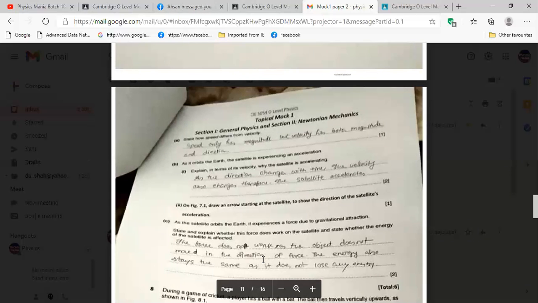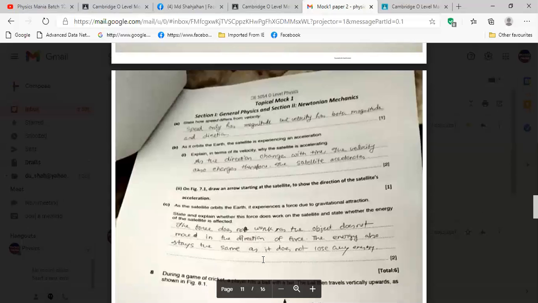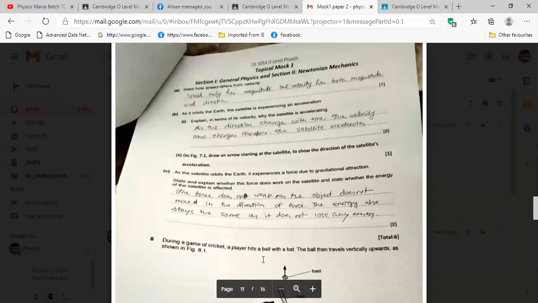We have constant speed, and we get acceleration due to direction change. So I wrote the direction changes with time, so the velocity changes, therefore acceleration changes. Will I get 1 mark or 2 marks for it?